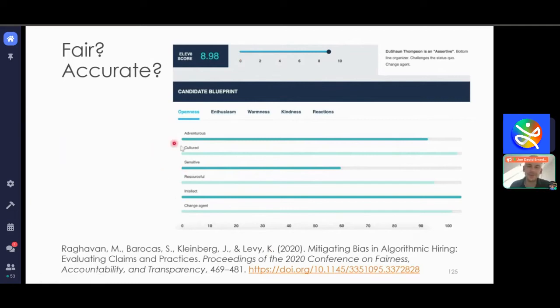This is one of those spaces where, at least for some time, around 2 or 3 years ago, there were, and it's probably still going on, a lot of organizations popping up promising to really automate aspects of assessment and judgment in the hiring process. And there's a much cited work here by Raghavan et al. really taking this concept apart and talking about mitigating bias in algorithmic hiring.